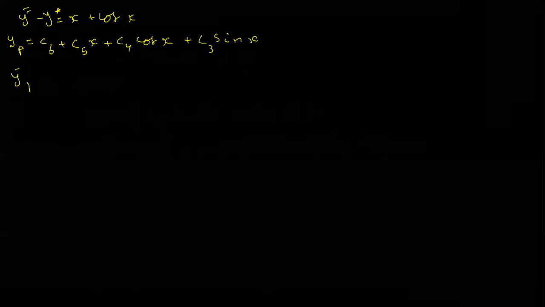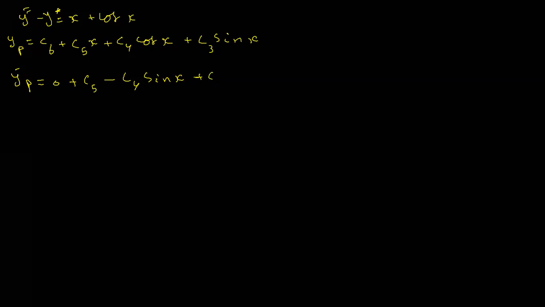First derivative is 0 plus C5 minus C4 sine x plus C3 cosine x. Please, you have to do those steps by hand. If you didn't practice before the exam, you will find the exam very difficult. Am I right here?